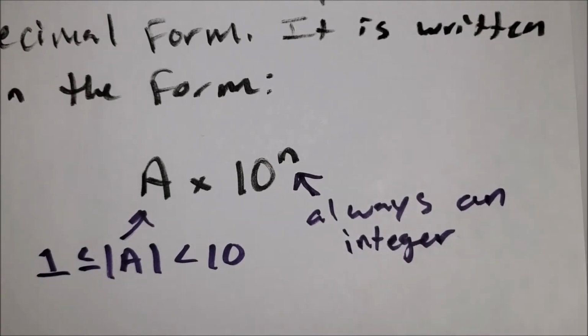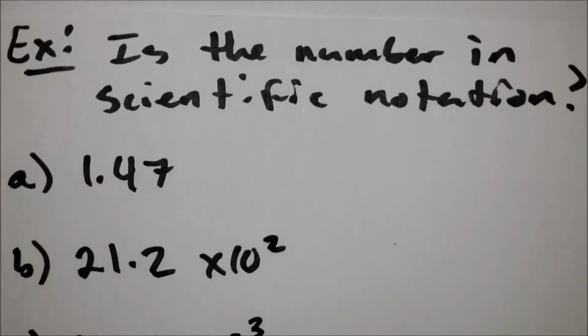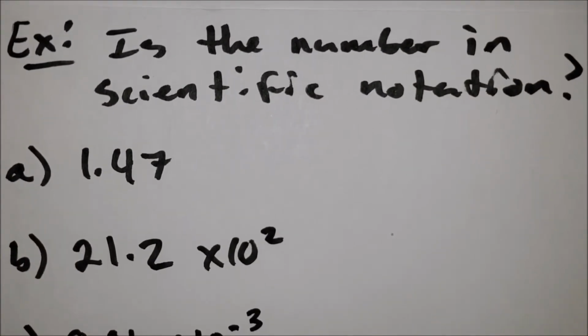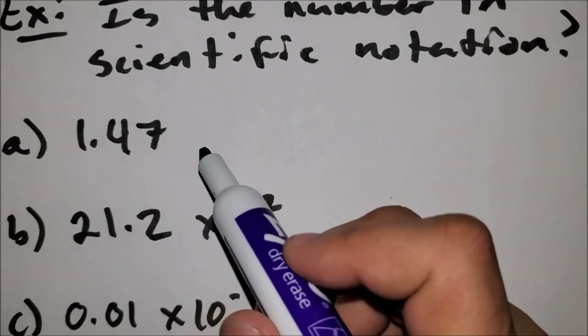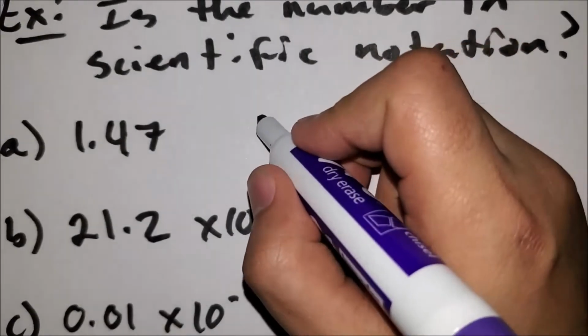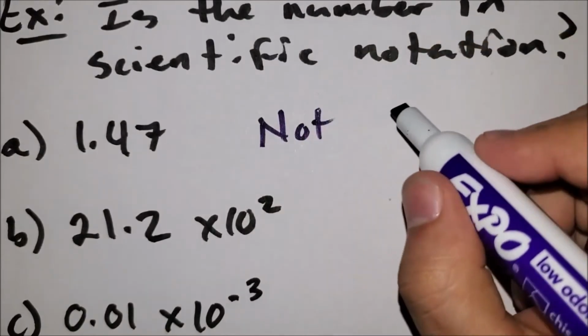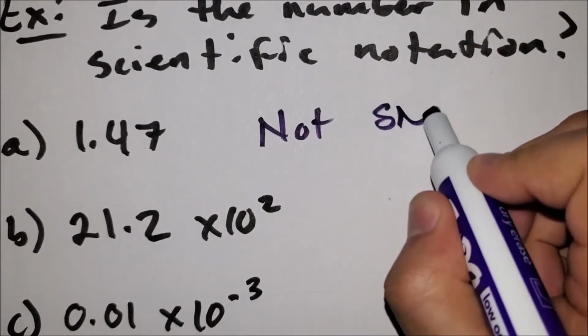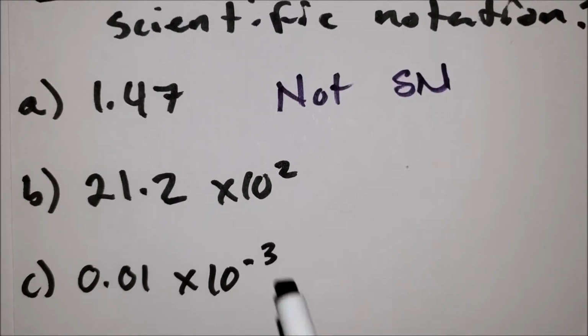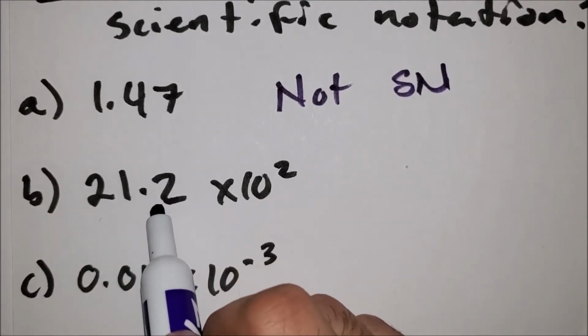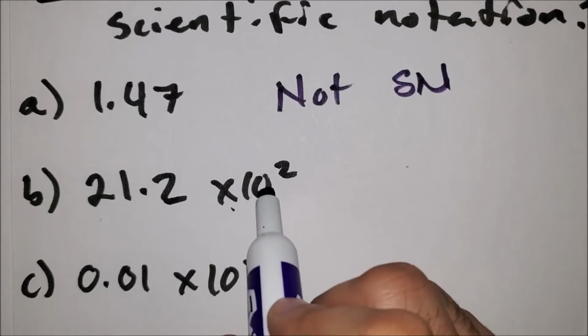So let's look at a few numbers and determine if they are actually numbers in scientific notation. The first number we have is 1.47. This is not in scientific notation. The next one we have is 21.2 times 10 to the second.